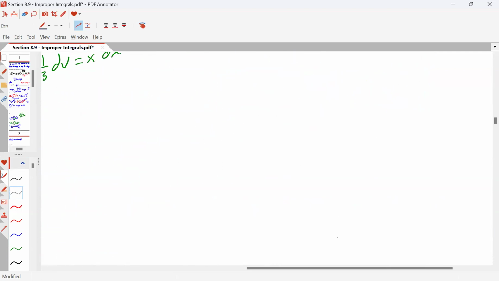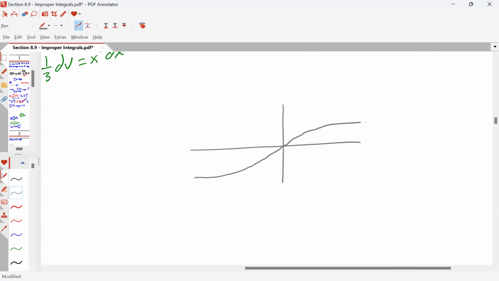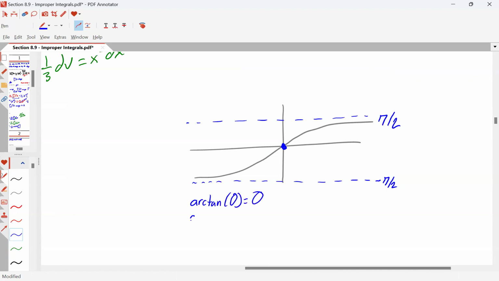Arctangent's graph looks like this, where this lower asymptote is negative pi over 2, and this upper asymptote is a positive pi over 2. And at 0, we cross the x-axis. So arctan of 0 equals 0.